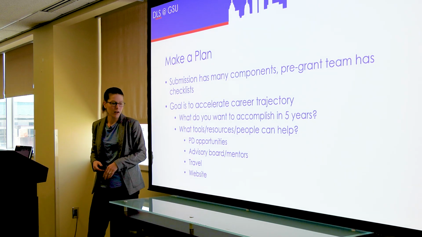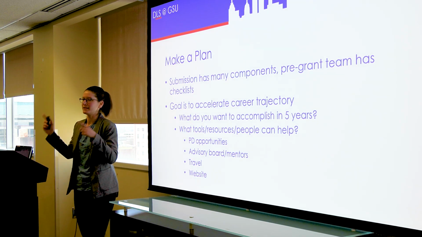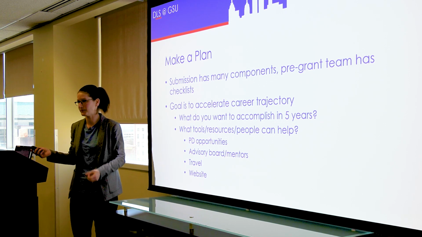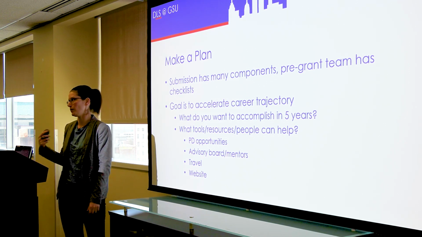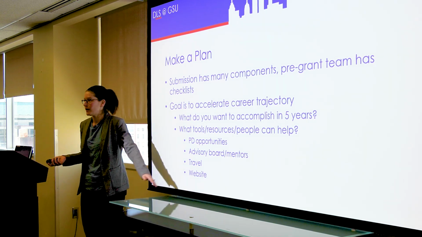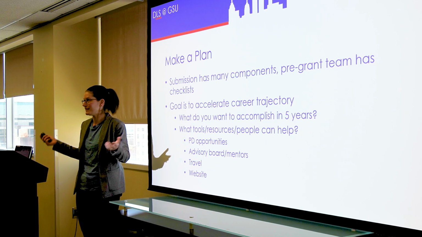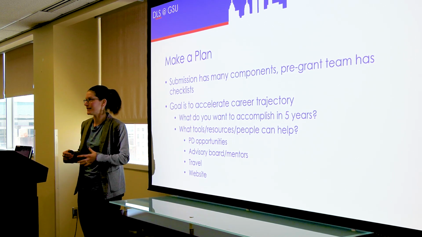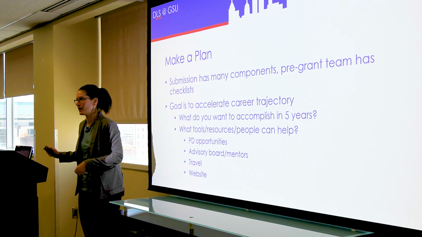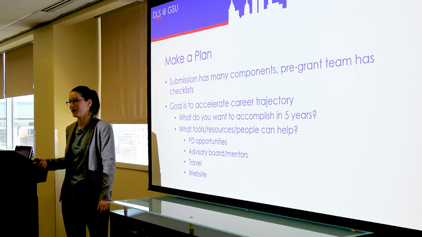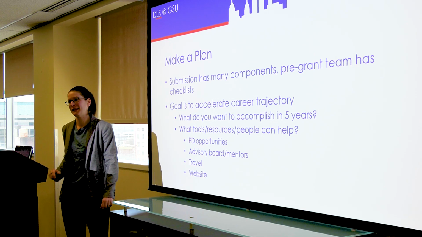And then a common way that people disseminate information from NSF proposals is that they'll make a project website to share their products and materials and all sorts of things. If you don't know how to make a website, great. Now is a great time to learn. So you can say that you're going to do that as part of this dissemination plan, and that part of that work is going to be figuring out how to do that.